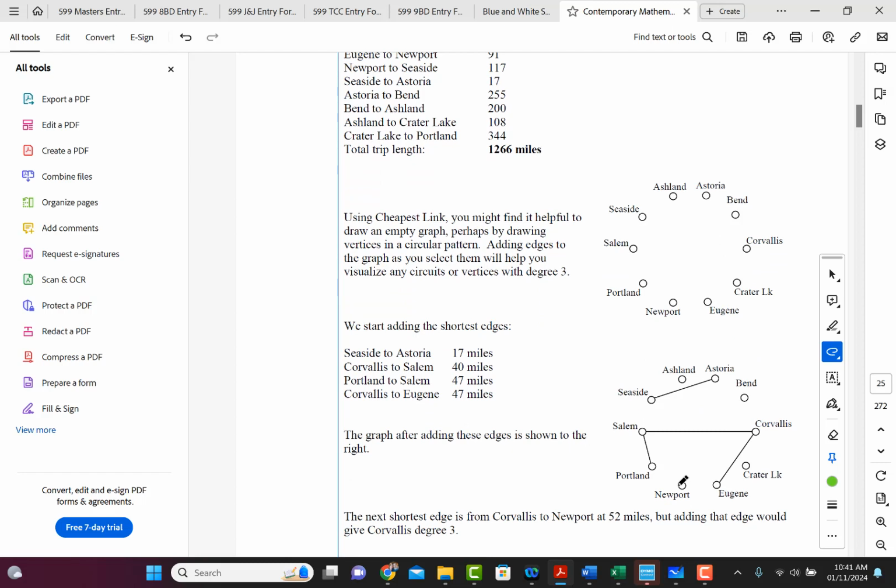So far, so good. Okay, now, what do we got now? The next shortest edge is from Corvallis to Newport, which is 52 miles, right? And that's the one we had an issue with, because adding that edge would give Corvallis degree 3, right? So we can't do that.